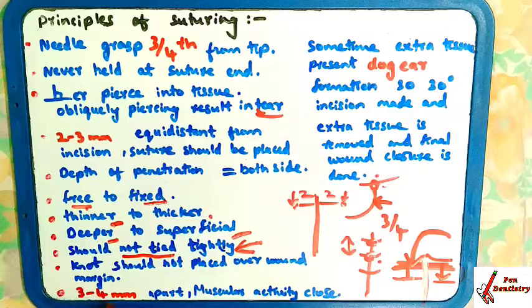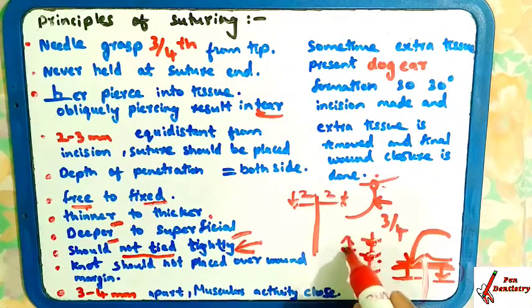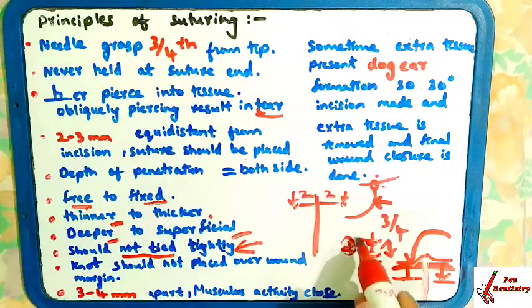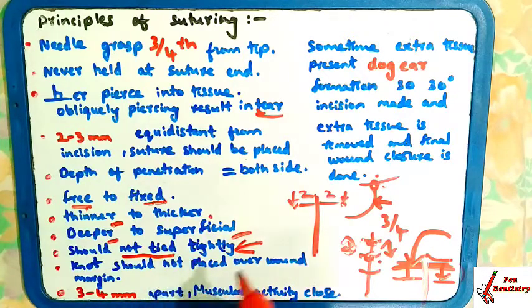Sutures should be 3 to 4 mm apart. That means the distance between your sutures will be 3 mm or 4 mm, away from each other, and it depends on the muscular activity of the area, that is, the area which is more active.